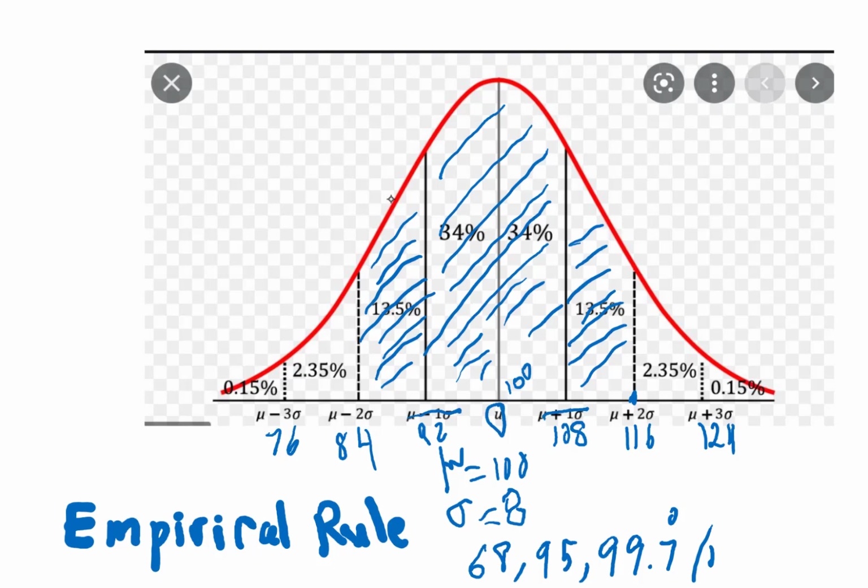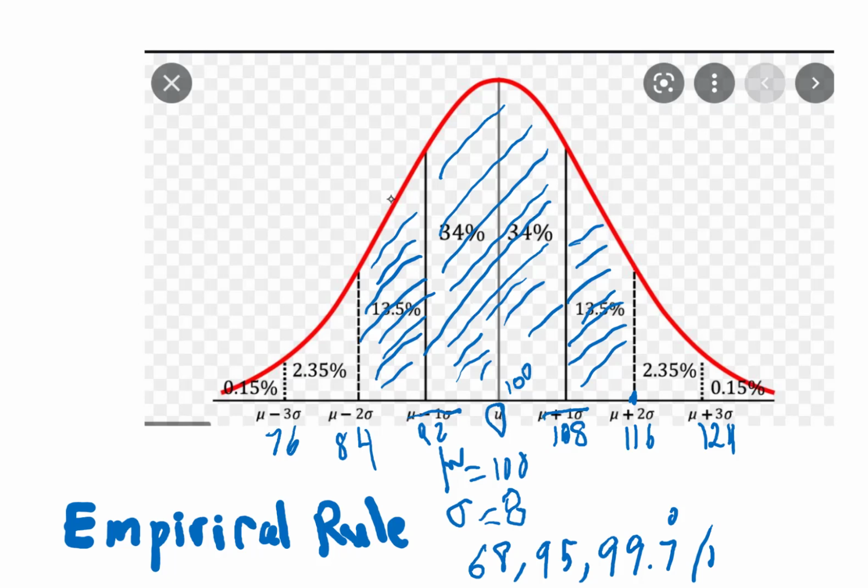I could ask you, for example, what percent of the data fall between 100 and 108. Well, when you add one standard deviation only and you don't subtract a standard deviation, you don't get the entire 68, you get half of them, which is 34%. This curve that you see right here is very helpful, and it breaks out the curve into smaller pieces.